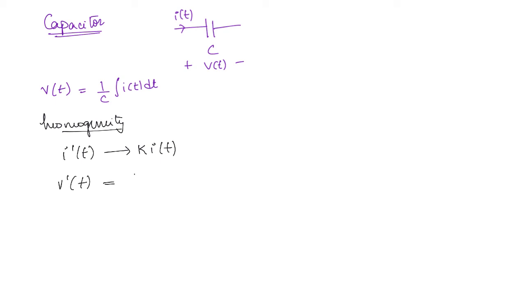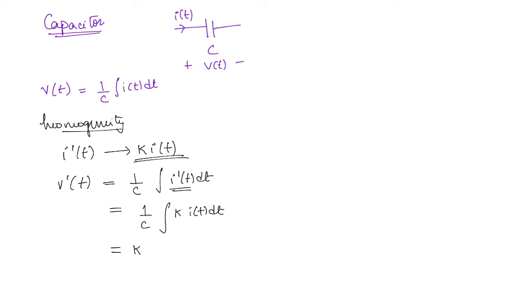So this will be equal to 1 by C integral I dash of t dt. Okay, so I dash of t is nothing but k into I of t, so 1 by C integral k into I of t dt. Since k is constant, you can take it out of the integration.